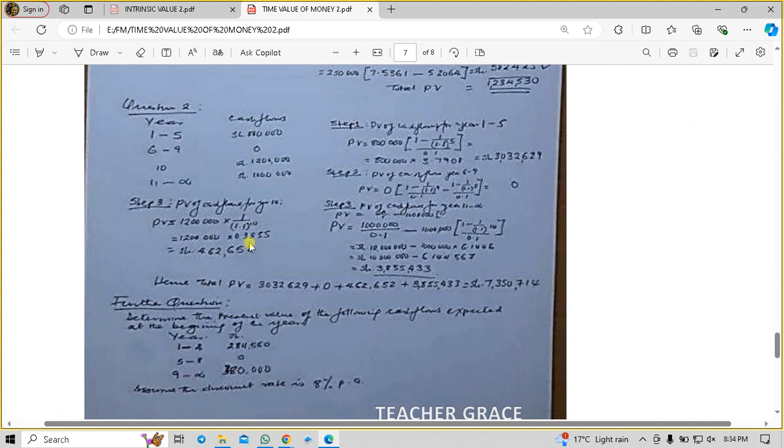So that will be our step 3. Yes, we must change. Lazima tutumie hii. In short, what I'm saying, we must change because it is 1 year.